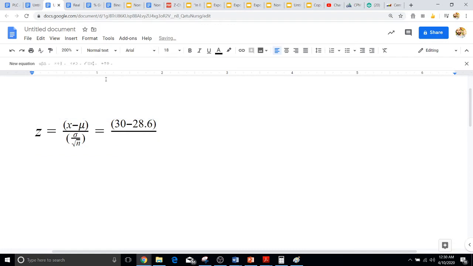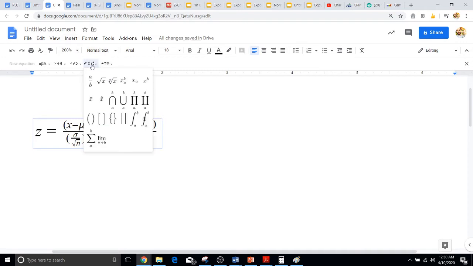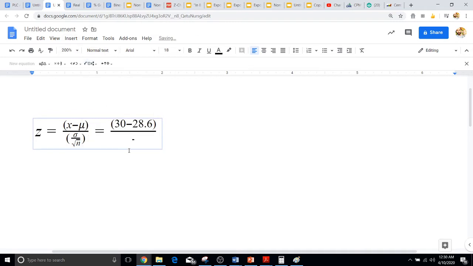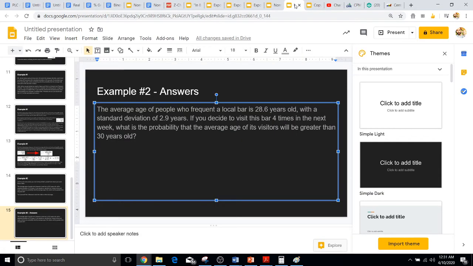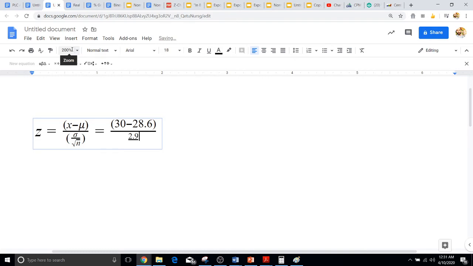Okay, down below, we are going to also have to put in a fraction. That fraction is going to be our standard deviation, which was 2.9, divided by the square root of 4.